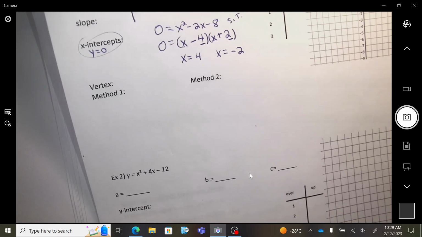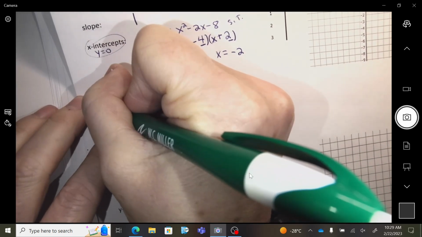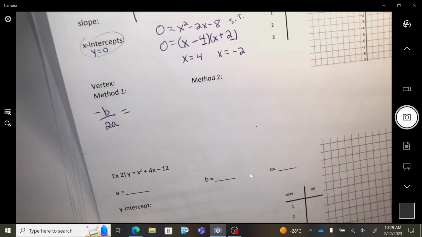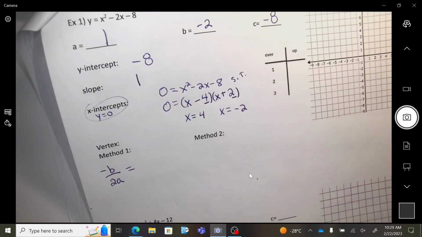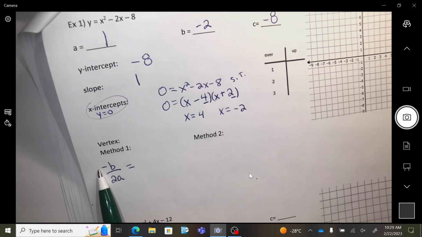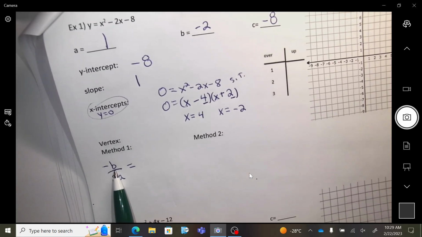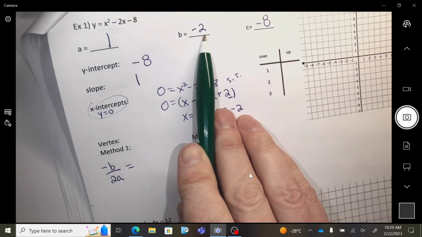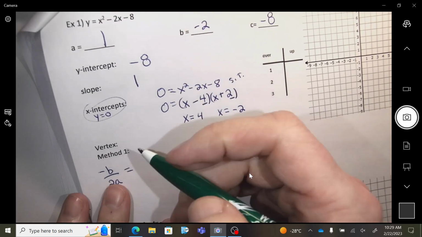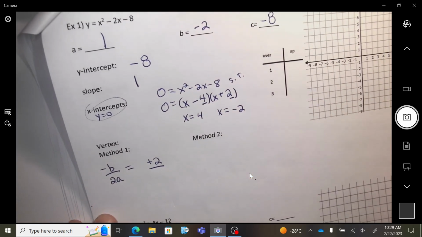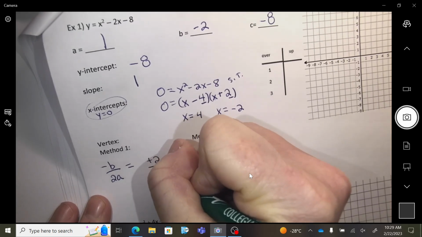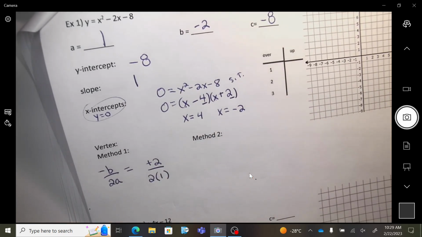All right. Vertex. So I'm going to do -b over 2a. So we wrote it down up here. I don't want you to think -b. I want you to say, what's the opposite of b? We had a -2, so I'm going to write +2 over 2 times 1.